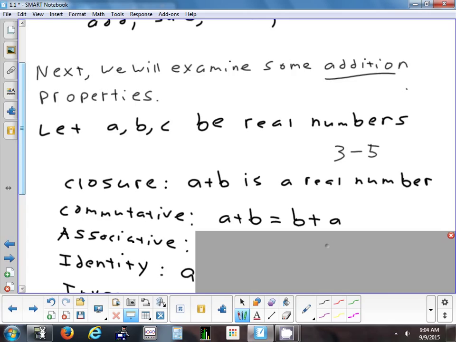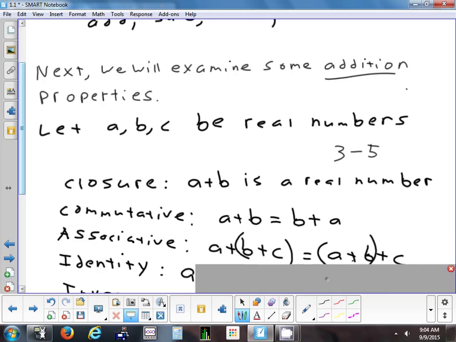I was thinking A plus B plus C, so then the A and B can be separate from C. Exactly, yep. Associative has to do with grouping, the order you add things up in. You can add B plus C first, or you can add A plus B first. It doesn't matter. You get the same answer.